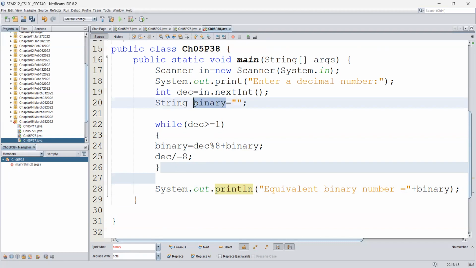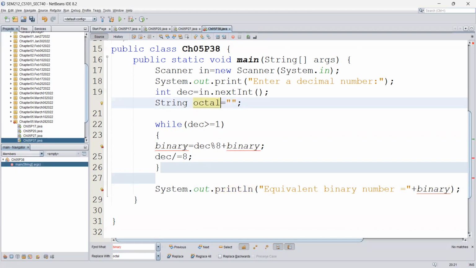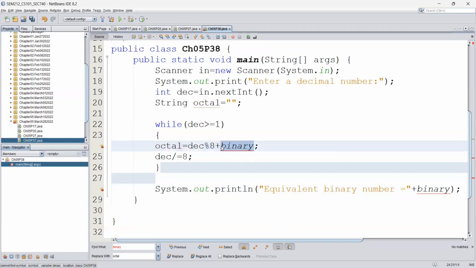Well, I can change it by hand. Octal, octal, octal, and octal here also. Now let's run it.